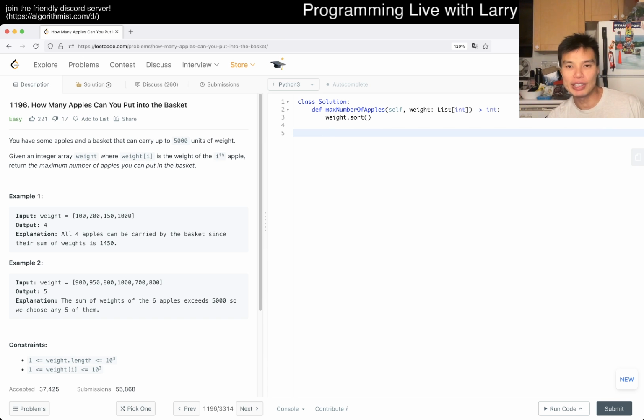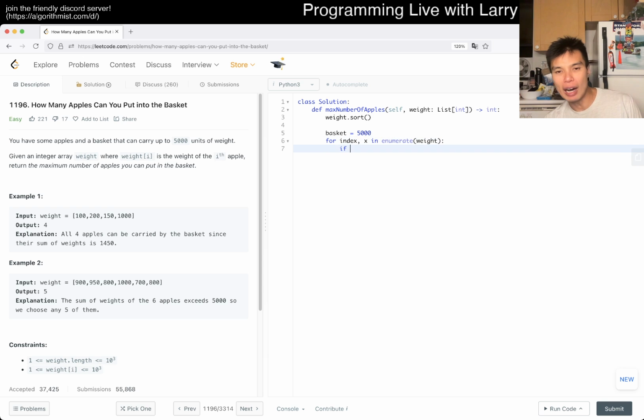So yeah, after we sort it, you have x in weight, right? The basket is always 5,000, huh? It seems like a normal thing to put in a parameter, but it's not a big deal.